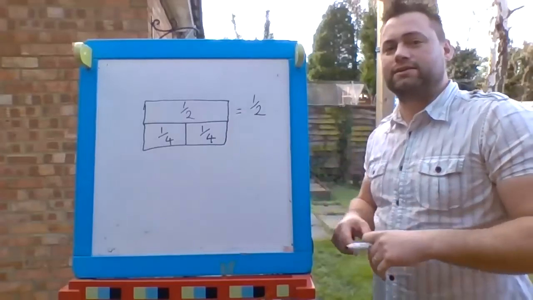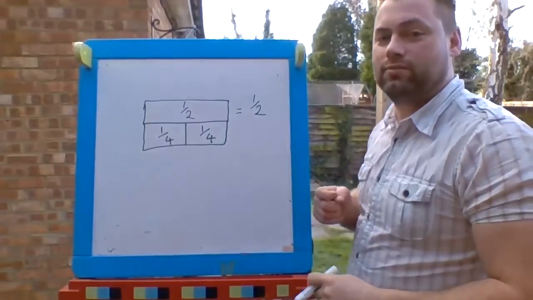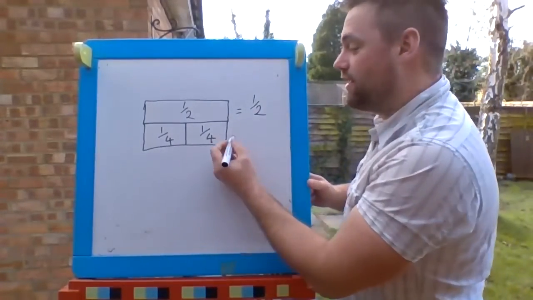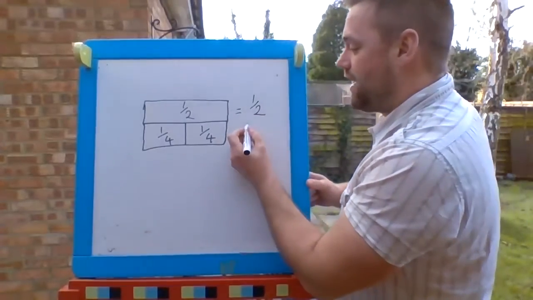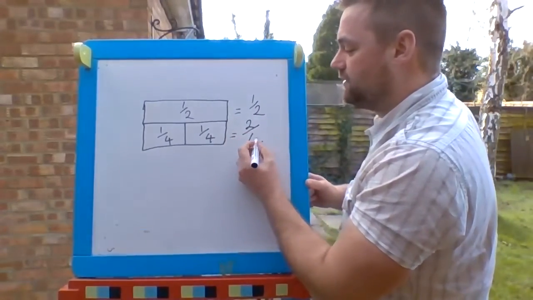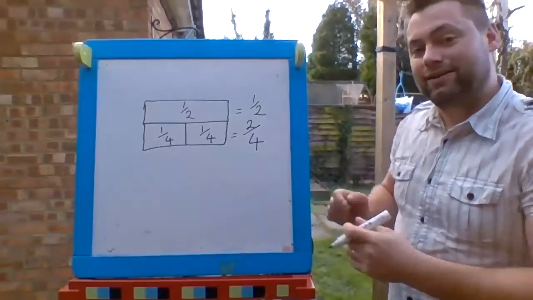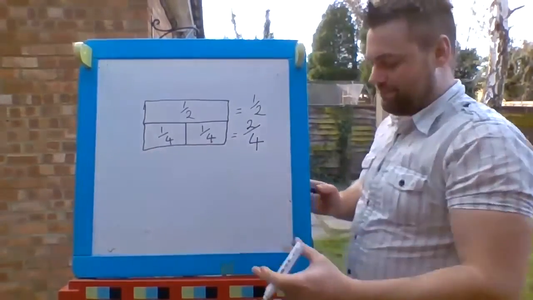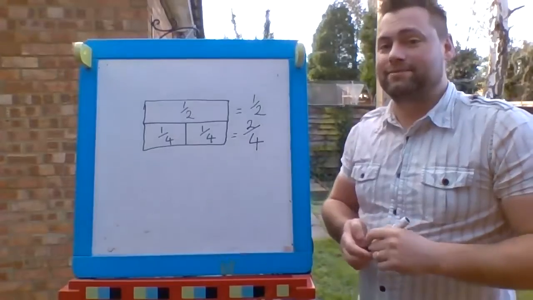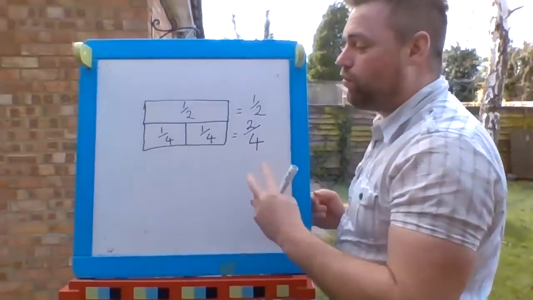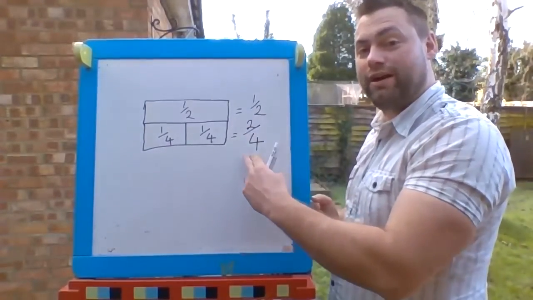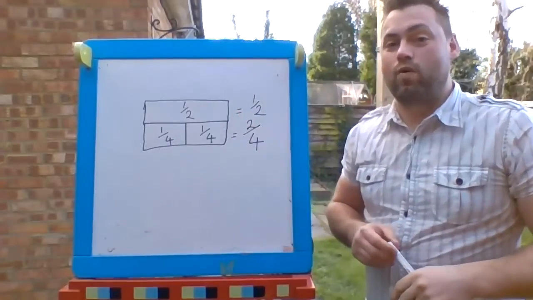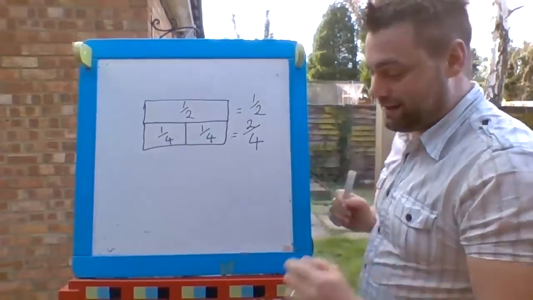There are two parts in total, and we write 1 as our numerator. Our bottom one here, we've got 2/4, 2 out of 4 parts. So you can see that they are exactly the same length and the same size, therefore 2/4, sorry, are the same as saying 1/2. So that's how we can see it in a bar model.